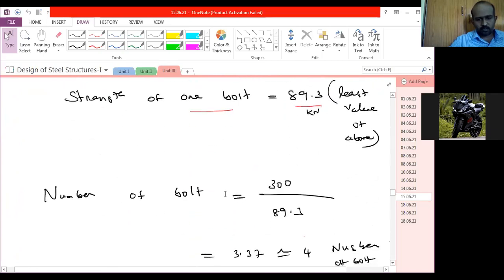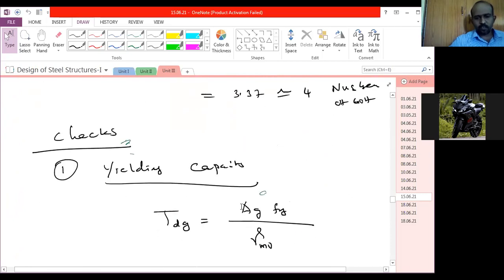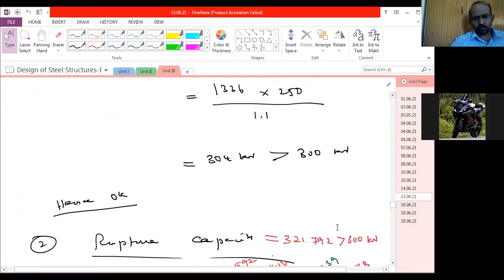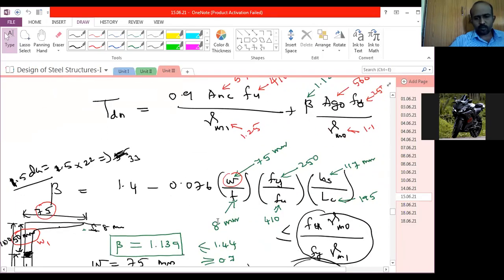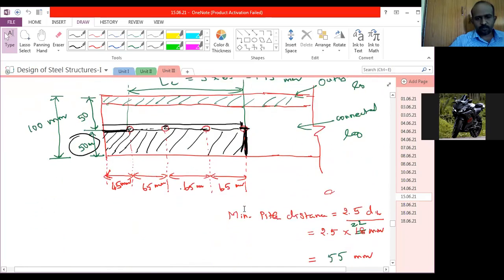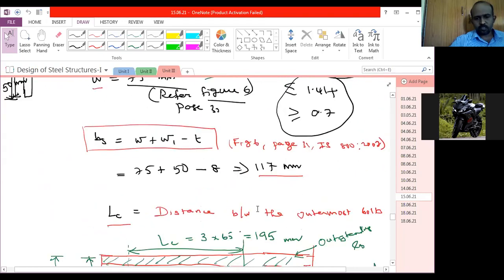Alright. So based on one bolt, 89.3 kilonewton is carried. In order to carry 300 kilonewton, we need 4 bolts. And we have calculated yielding capacity, which comes greater than the design load of 300 kilonewton, and rupture capacity we have calculated, and that also came as greater than the load.